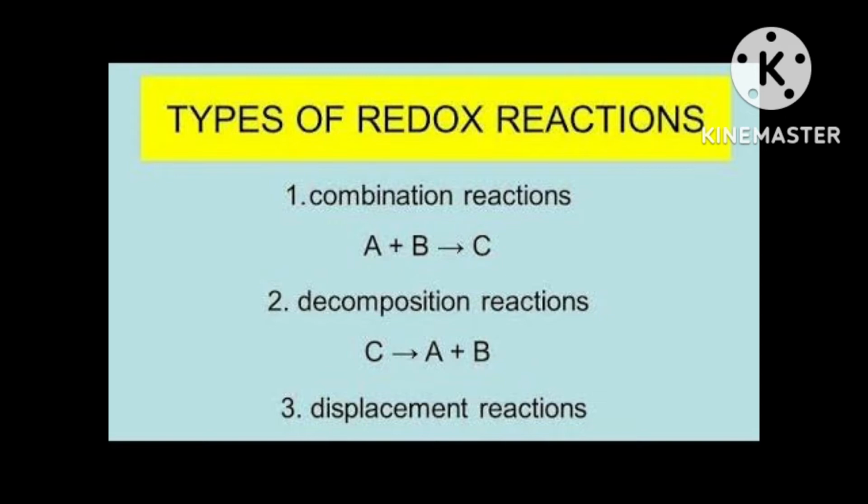All combustion reactions which make use of elemental dioxygen, meaning oxygen, as well as other reactions involving elements other than oxygen, are redox reactions. Again, listen: all combustion reactions which make use of oxygen as well as other reactions involving elements other than oxygen are redox reactions.